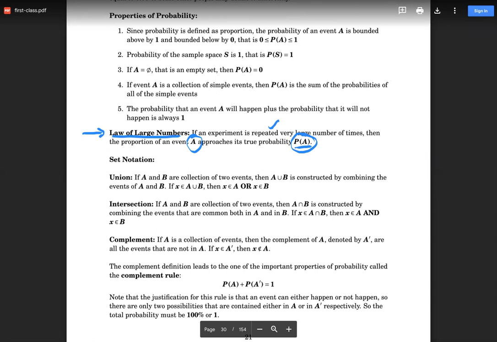In the case of tossing a coin, the first time we had 0.55, the second time 0.505 or something, the third time 0.5005 or something like that. As you can see, all these numbers are approaching which number? 0.5. So the law of large numbers tells you that if an experiment is repeated a large number of times, then the proportion of event A approaches its true probability, which is P of A.